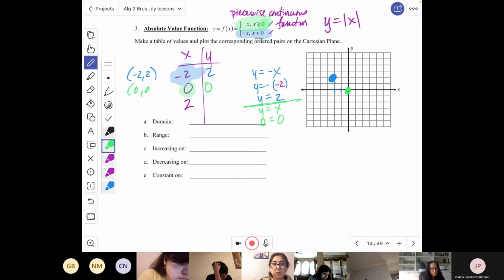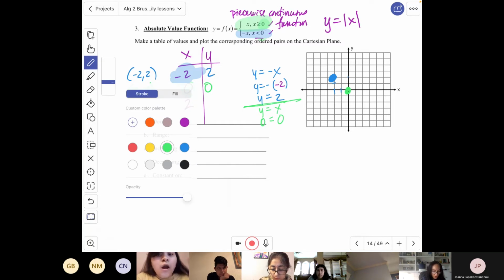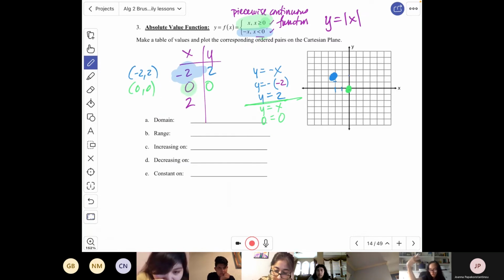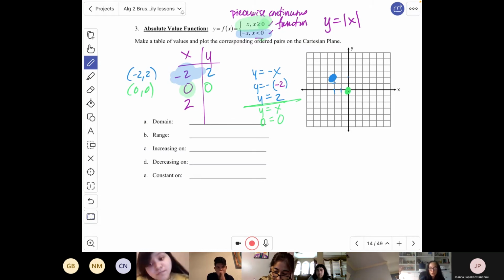Okay, now let's see which equation we're going to use to evaluate x equals 2. Am I going to use the first equation in green, or the second equation in blue?